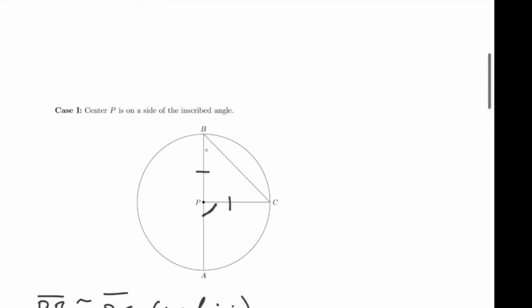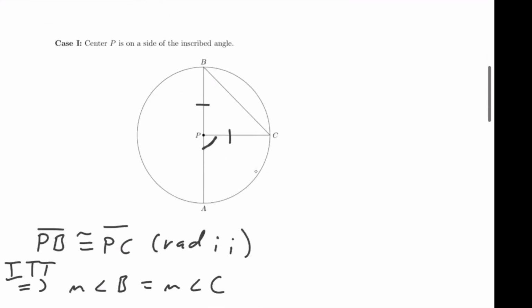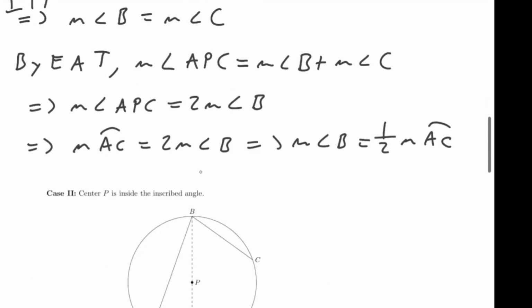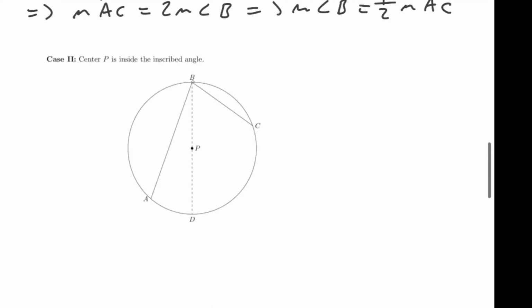So that's the case where one of the sides of the inscribed angle B is the diameter. Now let's do the case where they are on opposite sides of the diameter.